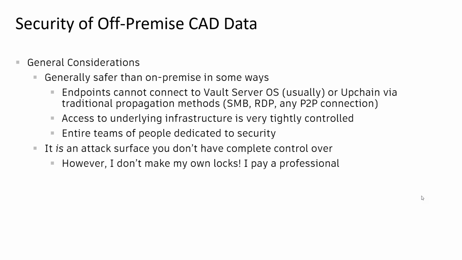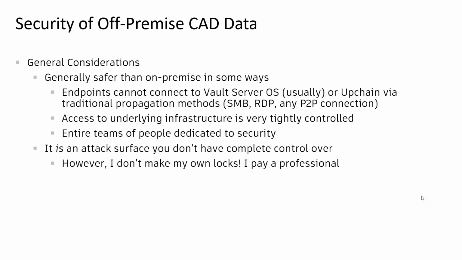So generally, off-site data, if you do it the right way, can generally be safer, right? And one of the big reasons is because you've got a good separation between your endpoints, meaning your client computers, and the data source.